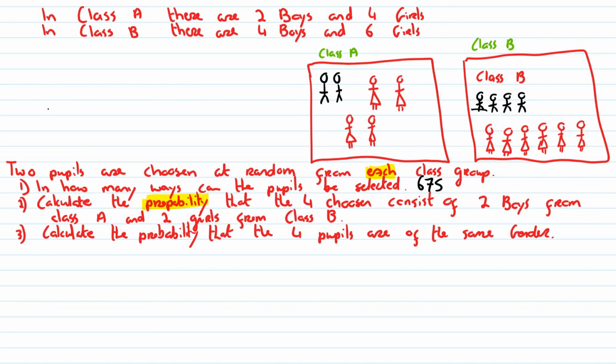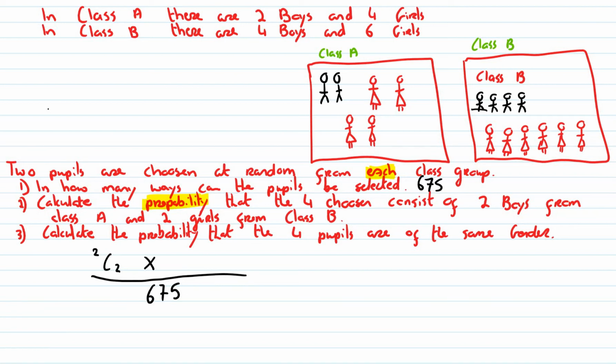Well, we know already that the total number of ways we can choose is 675. And now we just have to find out how many different ways we can choose 2 boys from class A and 2 girls from class B. So how many ways can we choose 2 boys from class A? Well, there are only 2 boys and we have to choose 2 of them.